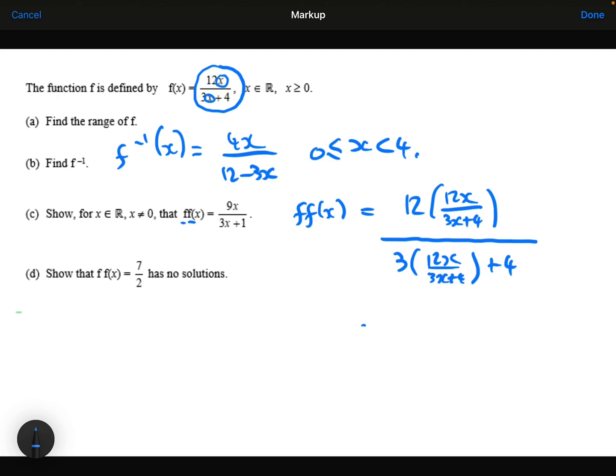Right. Simplifying this then, the 12 times the 12x is 144x. And that's over the 3x plus 4. On the bottom here, we've got 3 lots of the 12x over the 3x plus 4, plus 4.